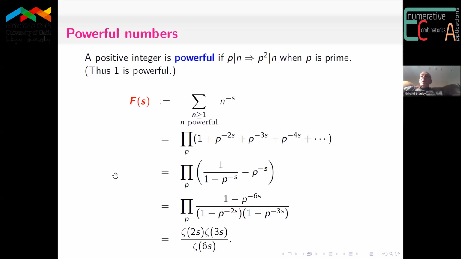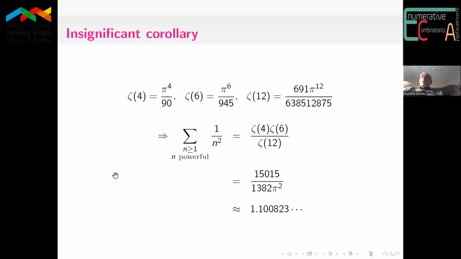This has been known for quite a while. As a kind of insignificant corollary, we know the values of zeta 4, zeta 6, and zeta 12.